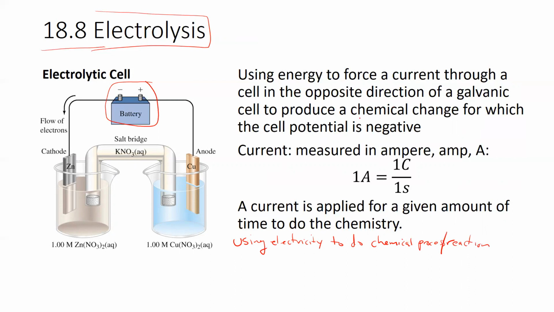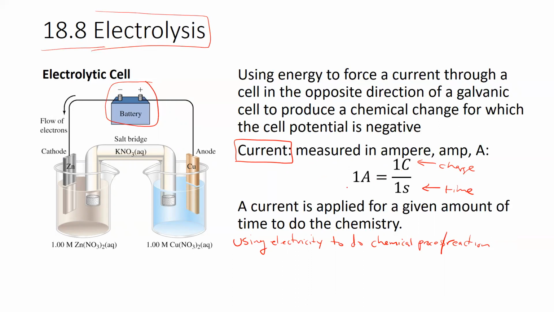Well, we hook up this power source and we force the electrons to flow. Okay, and we force the electrons to flow in such a way that there's a current being forced through the wire, and the current just measures the charge, right, being forced through that wire per amount of time. And that's measured in an amp or an ampere.